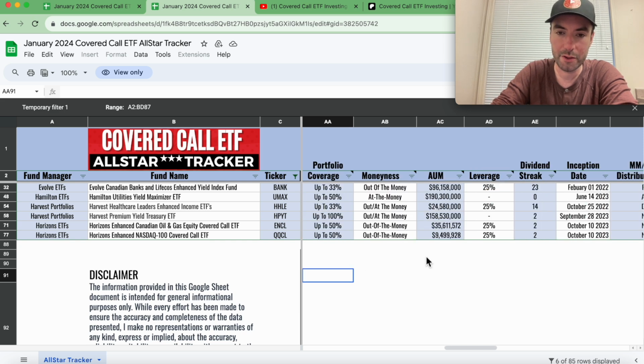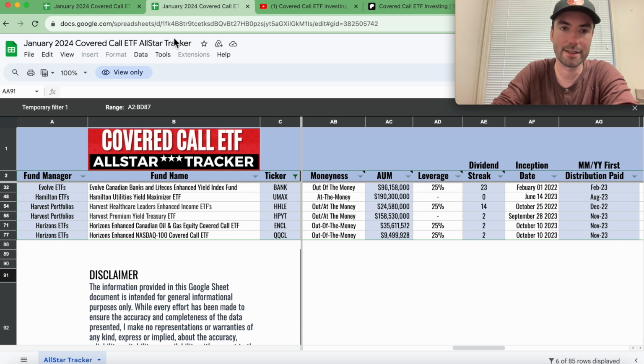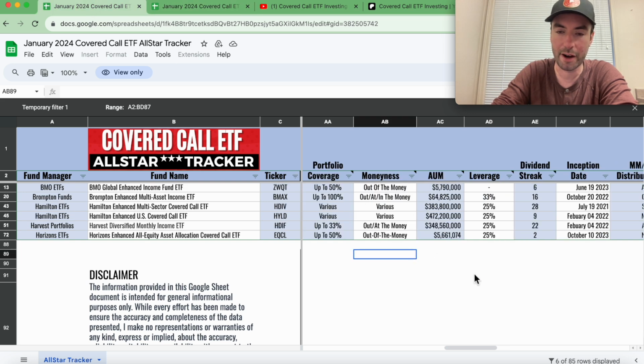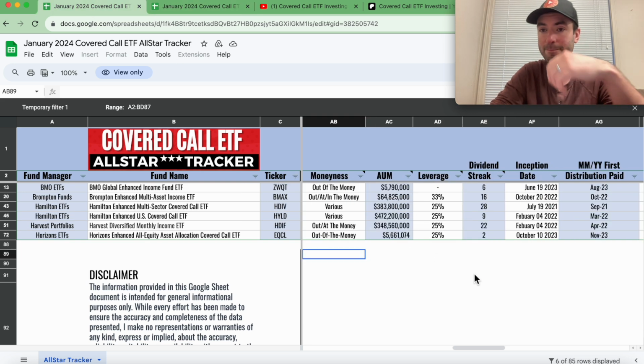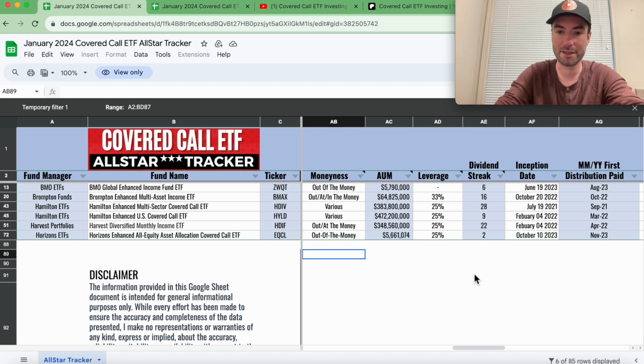Okay, let's move along to moneyness. It's another measure of how aggressive a fund is in achieving these premiums. BMO is usually well out of the money, but their yields are also a lot lower, definitely under 10% for the most part, maybe in the 6 to 7% range.